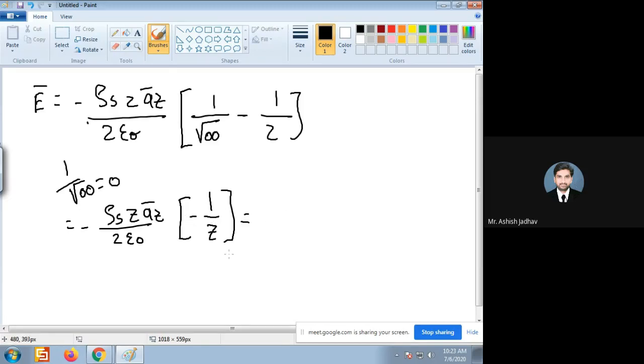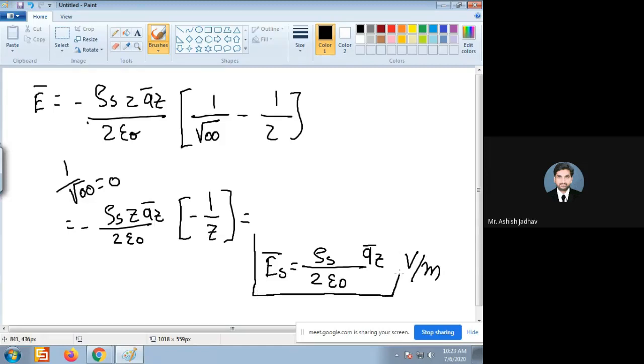So the final answer for electric field intensity because of surface charge, that is ES bar, is equal to rho s upon 2 epsilon naught a bar z volts per meter. This is the total electric field intensity because of surface charge.